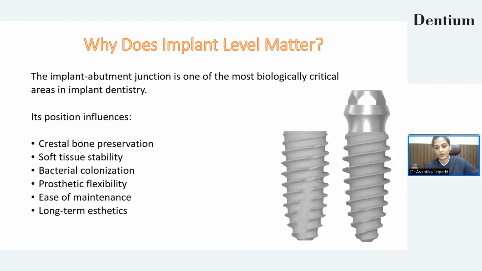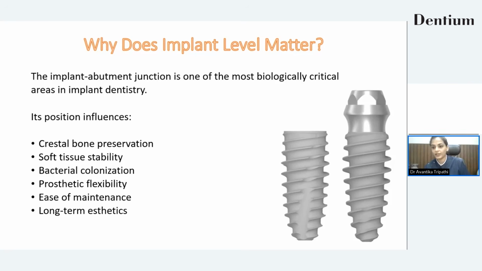Soft tissue stability: how well your soft tissue will be able to hold around your fixture. Bacterial colonization: if the patient is more prone, or is not maintaining good oral hygiene, then obviously we'll choose the type of implant which requires low maintenance.